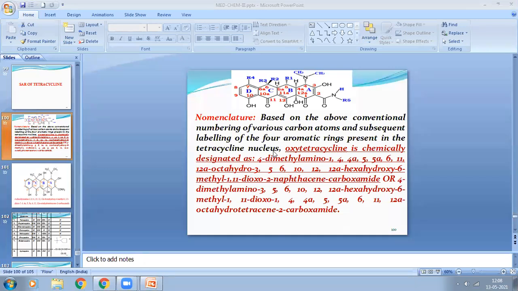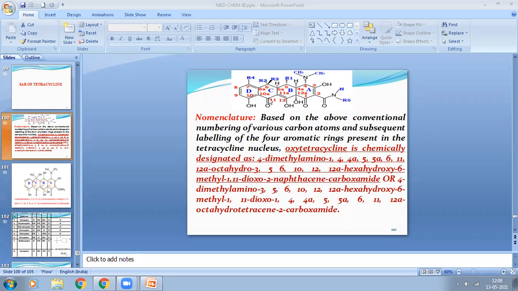See here, the numbering of various carbon atoms and subsequent labeling of the four aromatic rings. These are the four aromatic rings present in the tetracycline nucleus.